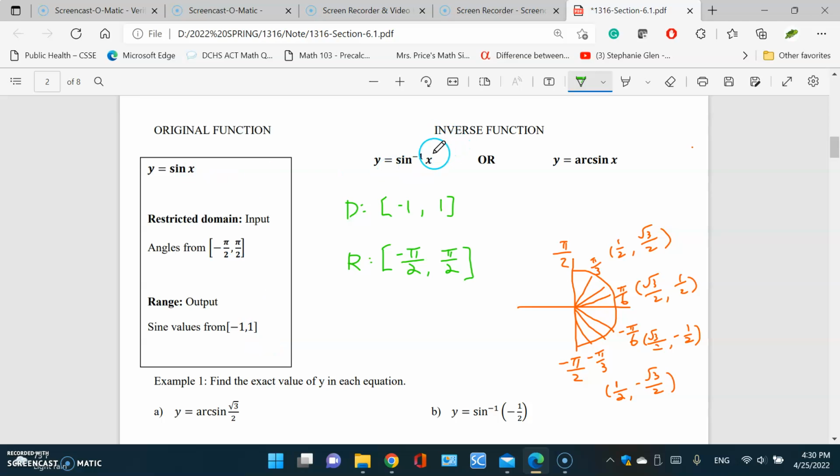When it comes to sine inverse, your domain swaps with the range. So your domain is between negative 1 and 1, and the range is between negative π/2 up to π/2. So sine inverse only has inverse values within this interval.